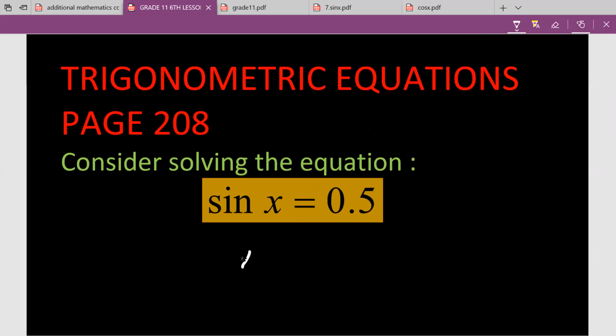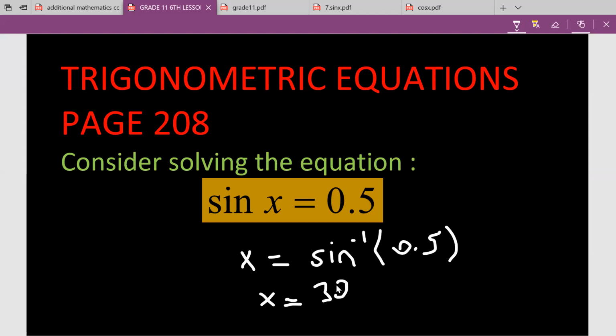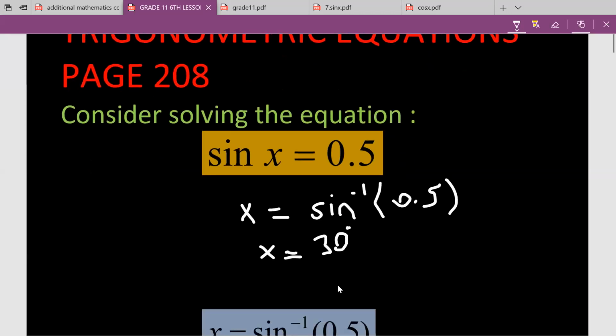X equals inverse sine of 0.5. So when you use your calculator in degree mode, you can find x equals 30 degrees.